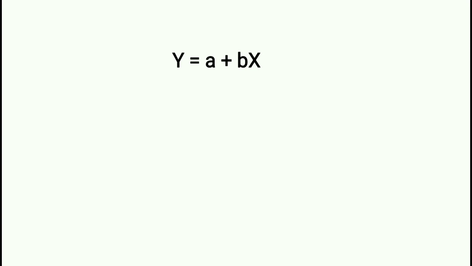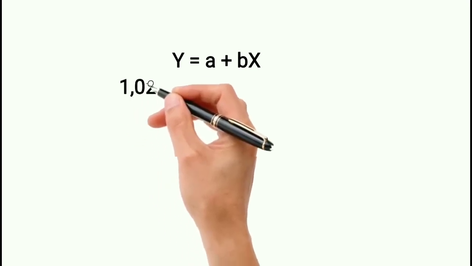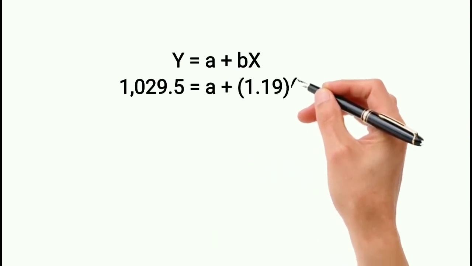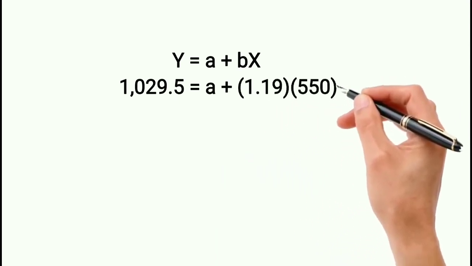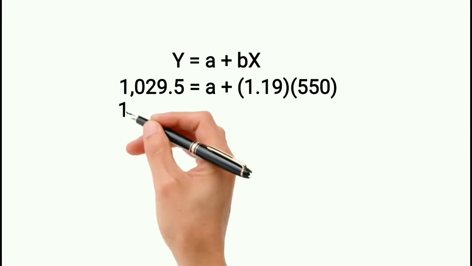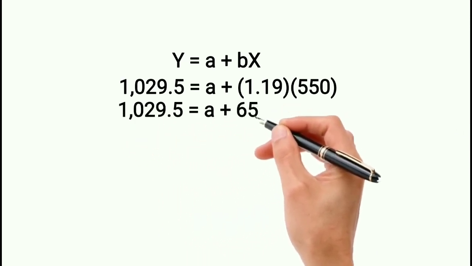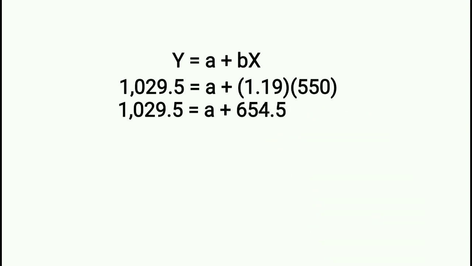I-substitute lang natin yung mga values. 1,029.5 is equal to a plus 1.19 times 550. 1029.5 is equal to A plus 654.5. Yang 654.5, that is the product of 1.19 and 550. 1.19 times 550, that is equal to 654.5.